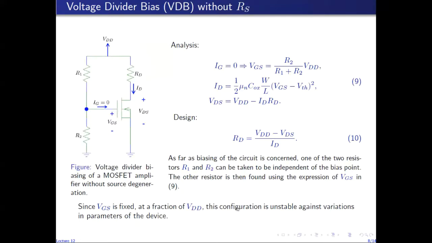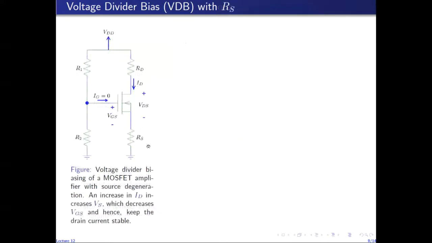So because VGS does not have any dependence on ID, any changes in ID brought upon by variations in the parameters of the device cannot be countered by VGS. So this configuration is unstable against variations in the parameters of the device, which is why we augment this configuration with the source degeneration resistance.